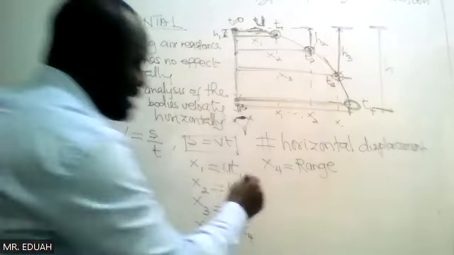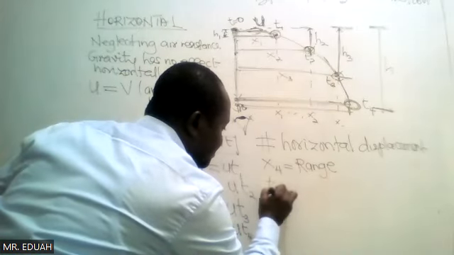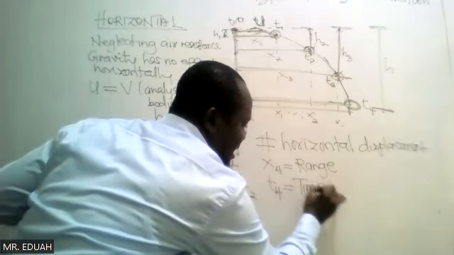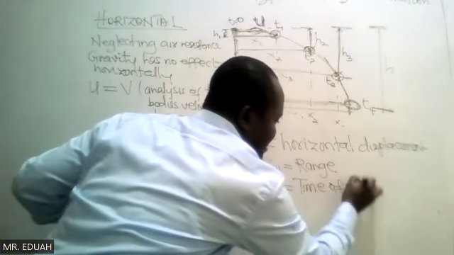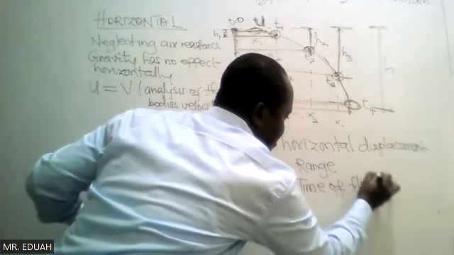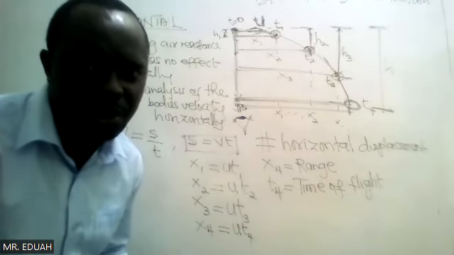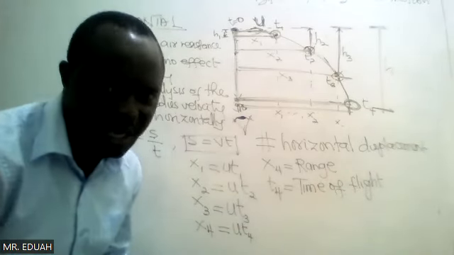So here our T4 is given that unique name, time of flight. And so we define the time of flight as the total time taken during the whole journey of a projectile.